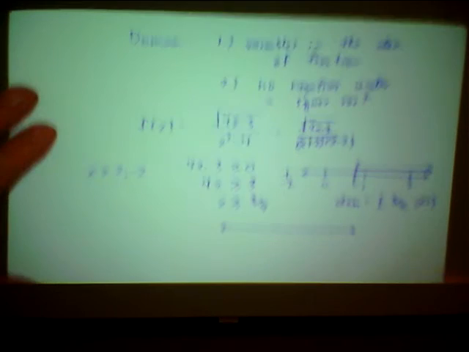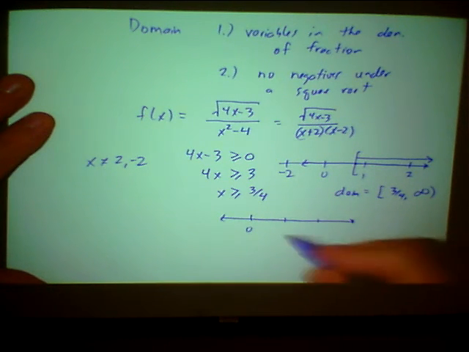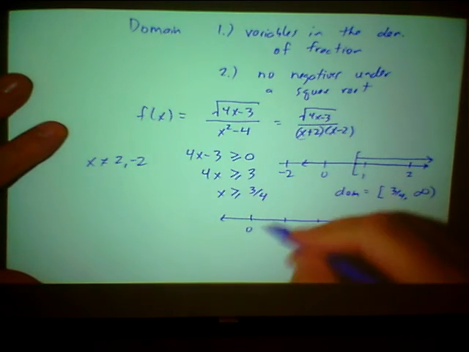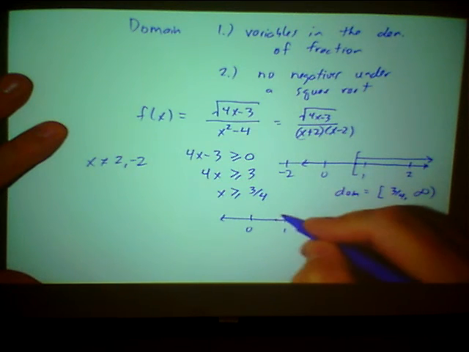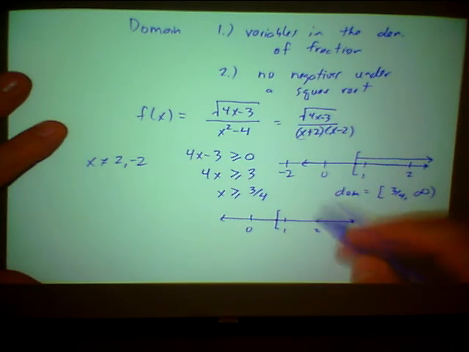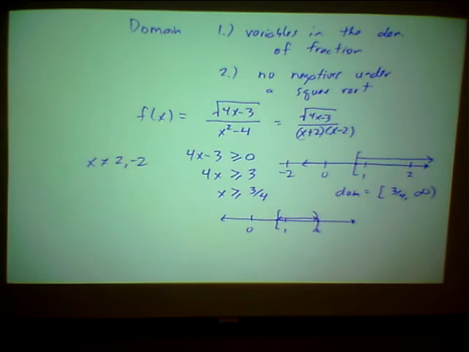So you know what I really have to do? Let me redraw the number line. So here's 0, here's 1, here's 2. From the square root part, I go to 3/4. However, I cannot include 2. So I know I can go from 3/4 to 2, and I have to skip 2. 2 is not in my domain because the value of 2 would cause the denominator to be 0.